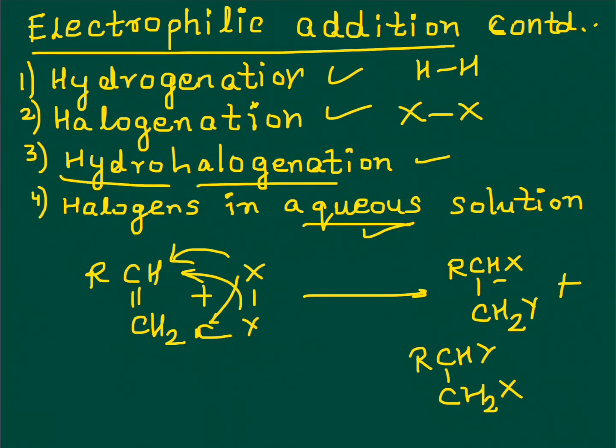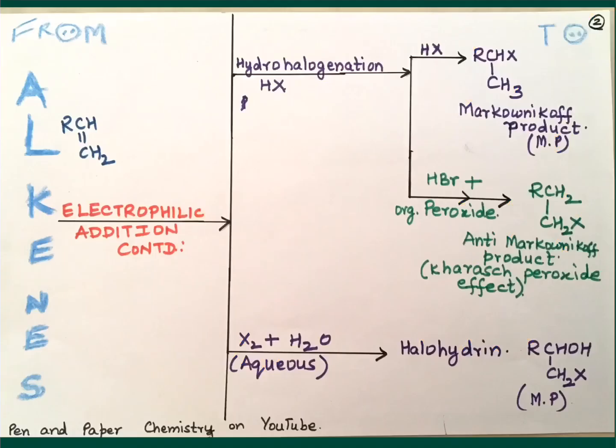Hydrohalogenation, addition of hydrogen and halogen across the double bond. To help you in your study, here's the chart, which is the USP of this channel. And you can make this chart on an A4 size sheet, or you can also use any calendar or big sheet of paper.